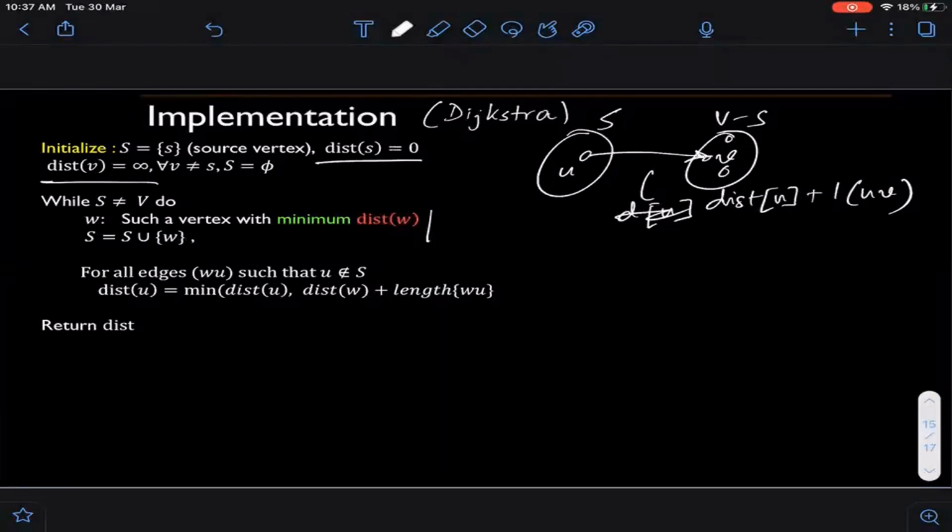Those are edges which I have not considered ever before in my previous iterations. So I must update the labels of certain vertices on the basis of these newly exposed edges.